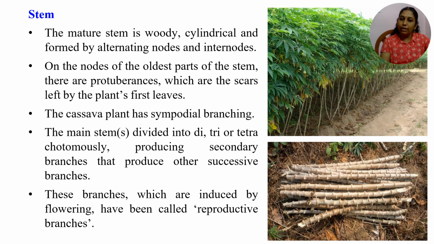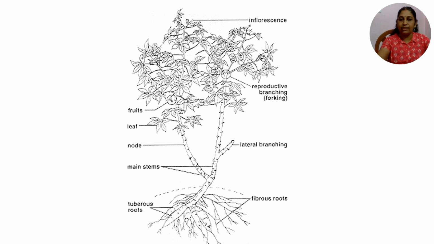The nodes have protuberances, which are the leaf scars of the cassava plant. The cassava plant has a sympodial type of branching habit. It produces secondary branches also. Once the branching occurs, it is termed the reproductive branch, in which the inflorescence arises.